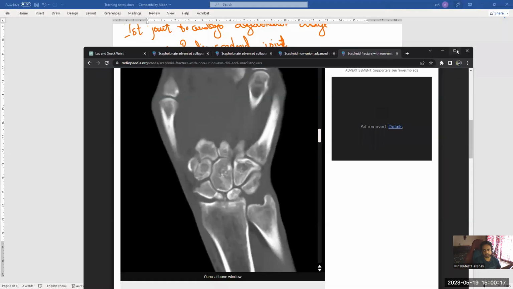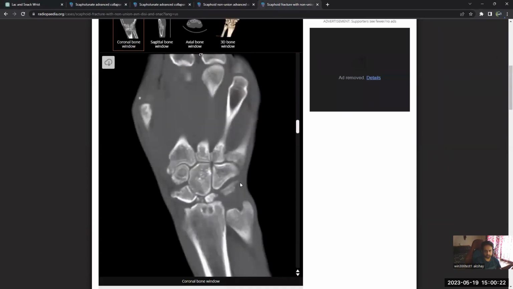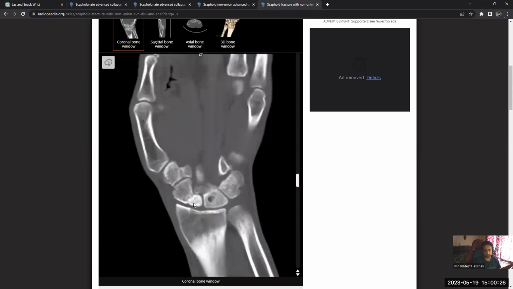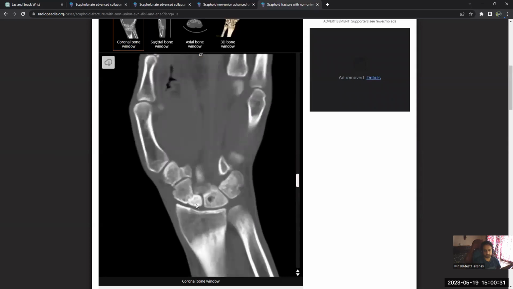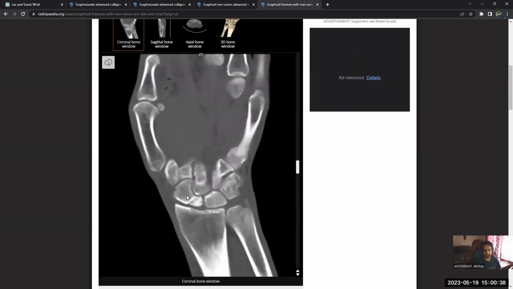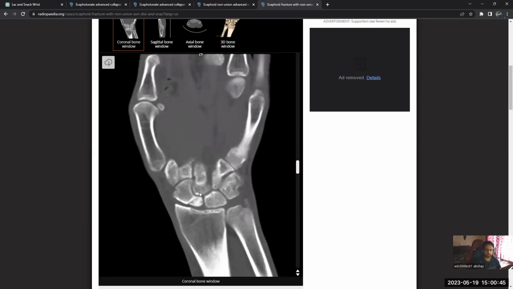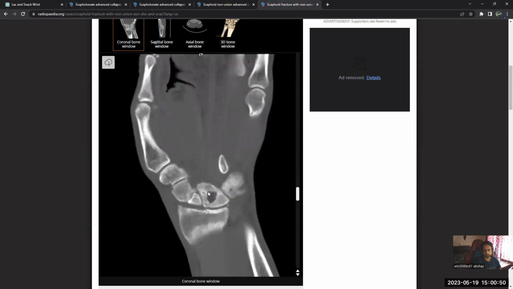One example of this: there is a fracture in the scaphoid bone in the waist region, and the proximal fragment is sclerosed. This is consistent with avascular necrosis. You can see degenerative changes between the scaphoid and the radial scaphoid fossa, and a reduced joint space between the other carpal bones.